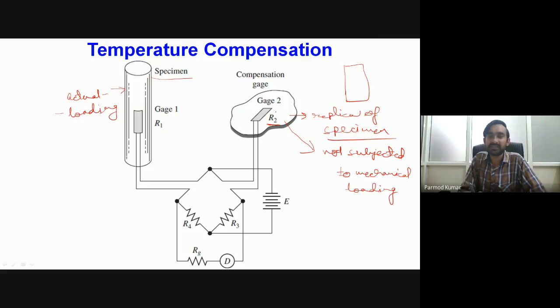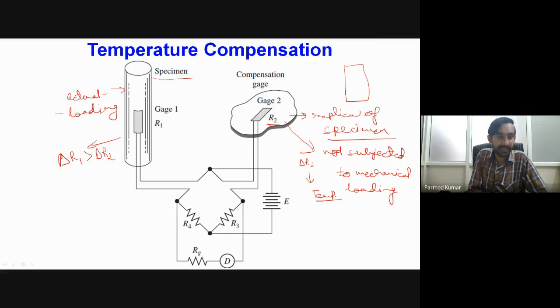So if the resistance of this strain gauge is changing, say it is changing by an amount delta R2, that change will be only because of the change of surrounding temperature, or because of the temperature in which this system is employed. Okay, so if this change is happening, that change will be because of the temperature only. And over here in the first strain gauge, which is employed for our actual measurement, where we are having the loading also, if the resistance is changing by delta R1 amount, obviously that change of delta R1 will be greater in comparison to delta R2.